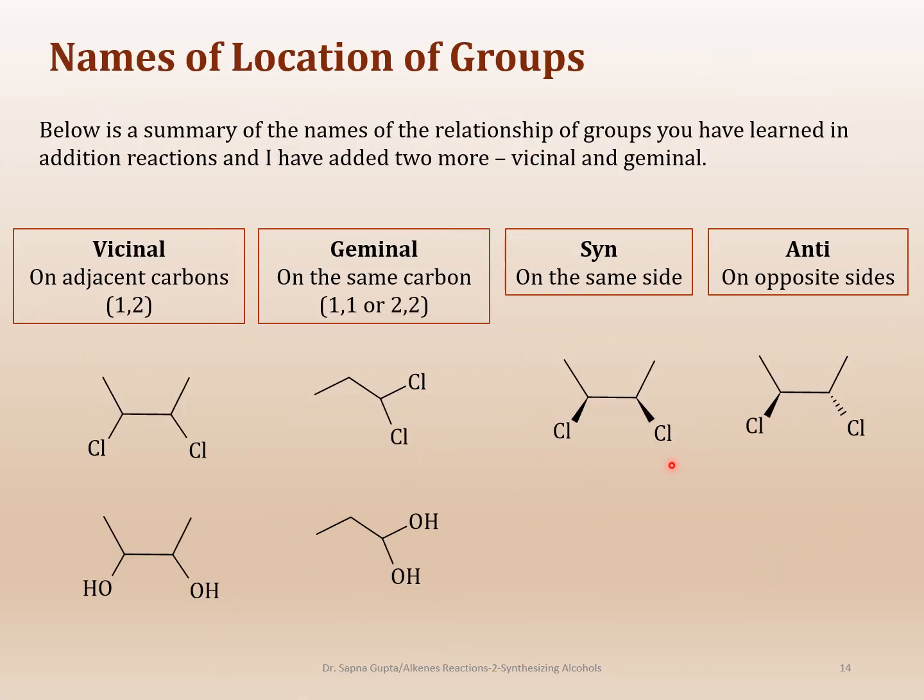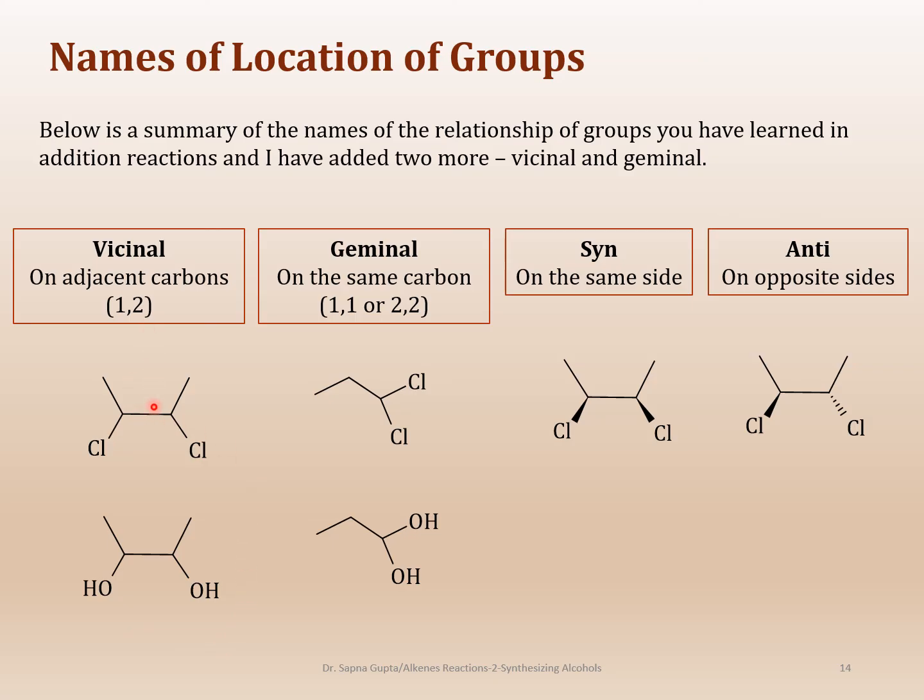One last thing I want to mention before we are done. We are done with all the alcohol groups, and this is about the location of groups. We've talked about the syn and the anti, that we already know about. But the one that I want to mention here is about this kind of chlorine addition or OH addition that we've been talking about, which is a 1,2 addition.